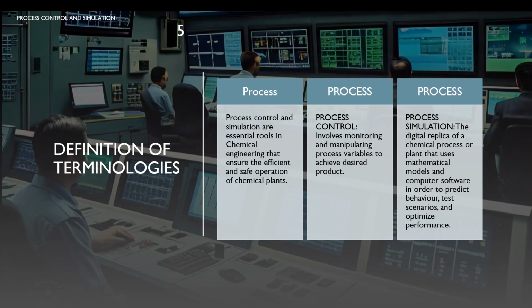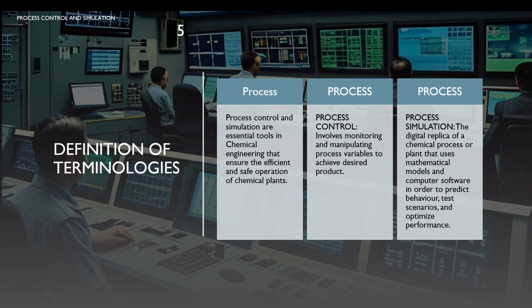Next slide. In process control, we have several terminologies like loops, feedback loops, and several things. So, what is process control? Process control simply involves the monitoring and manipulation of process variables in order to achieve a desired product.